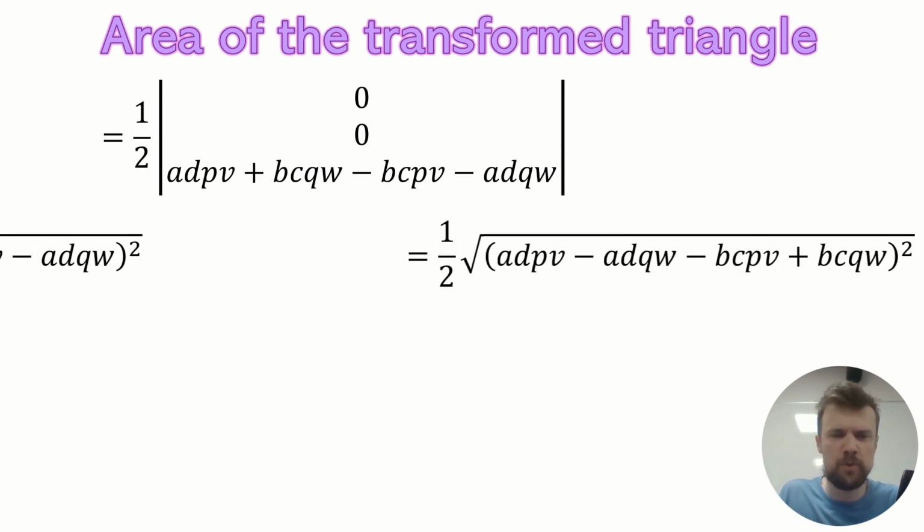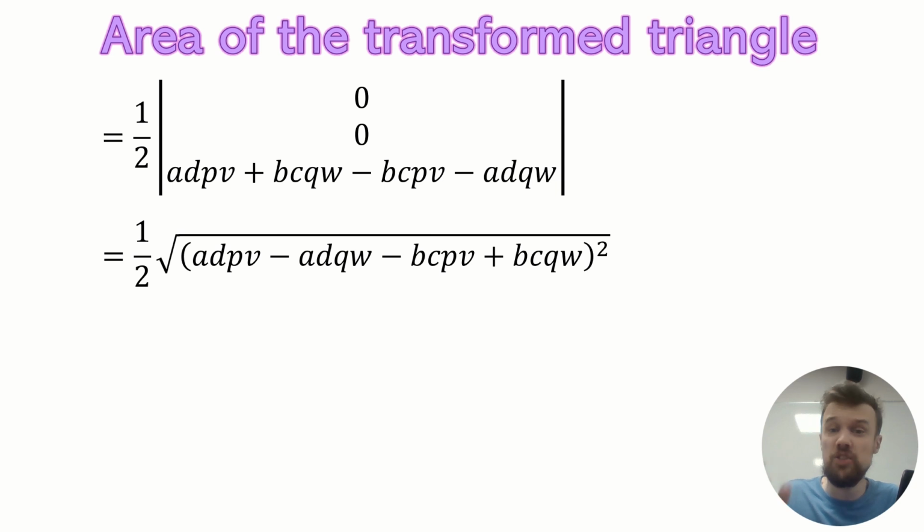So I am going to start by rewriting the same thing but in a different order. I'm going to just rearrange the order I've written those individual components, or terms I should say, so that it's a bit easier to now factorize, because instantly you can maybe spot that those first two terms both have an AD factor, and both of those second two terms have a factor of BC.